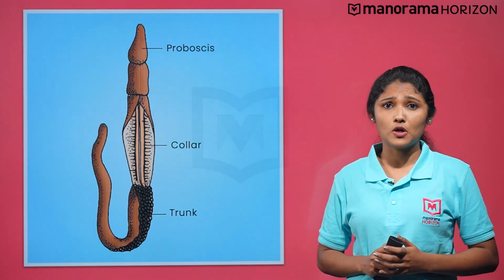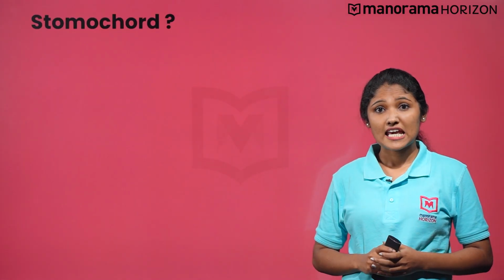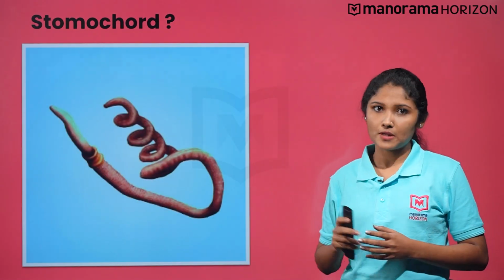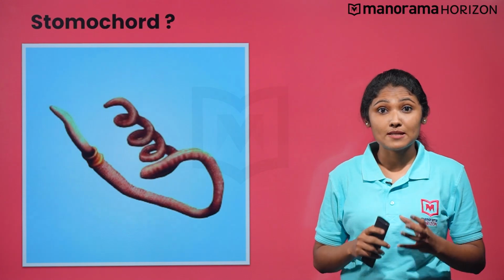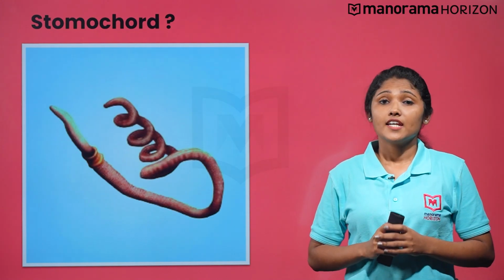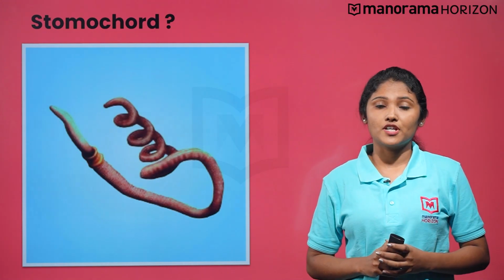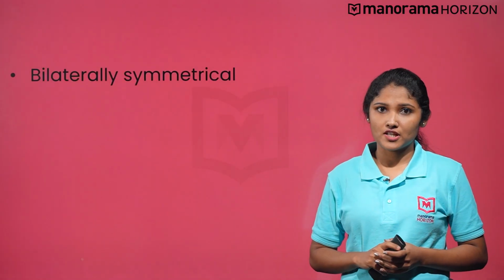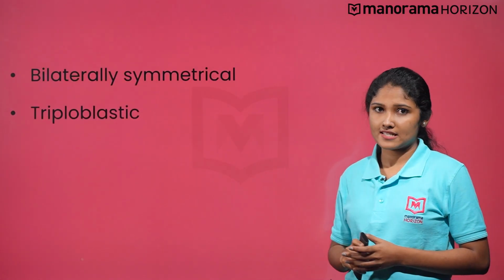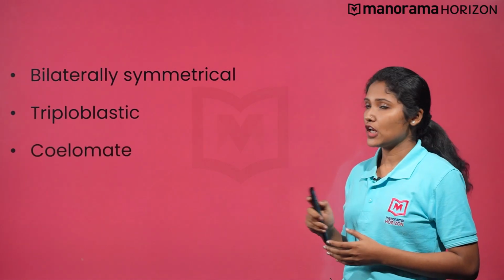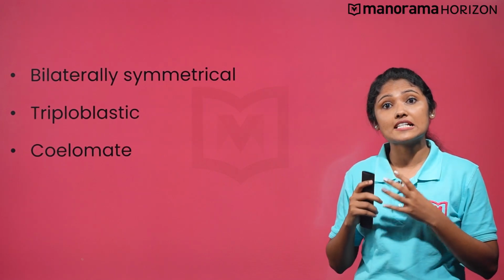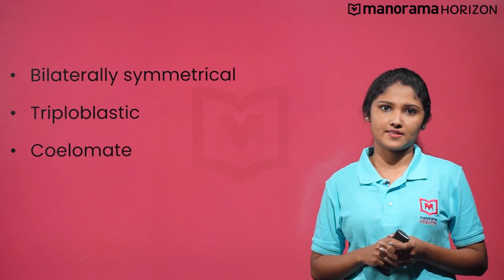Have you heard of the word stomochord? These are the rudimentary structures seen in the collar region and are somewhat similar to notochord. Now, let us check the symmetry of the body plan. They are bilaterally symmetrical, triploblastic and coelomate.